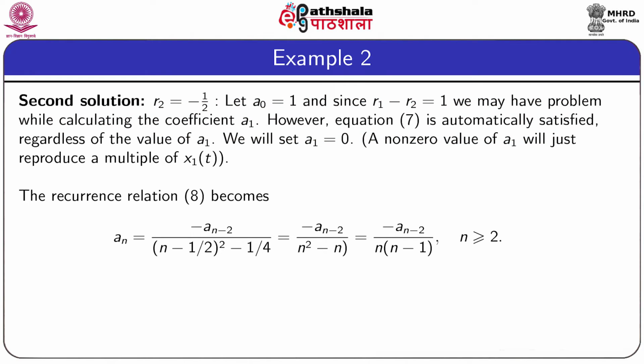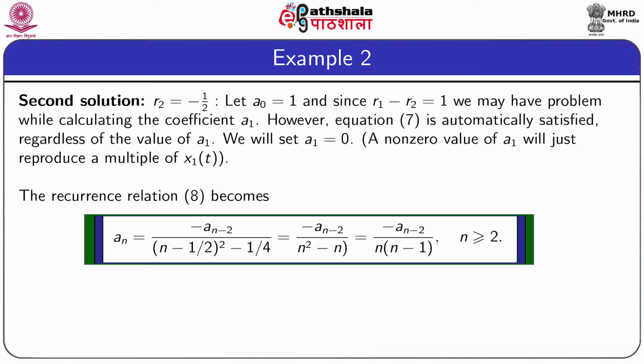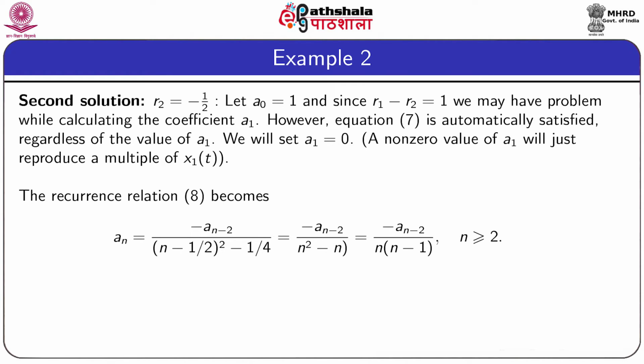We will set a1 equal to 0, and then the recurrence relation becomes a_n equal to minus a_(n-2) divided by (n minus half) whole square minus 1 by 4, equal to minus a_(n-2) divided by n square minus n, which is equal to minus a_(n-2) divided by n into (n minus 1), where n is greater or equal to 2.